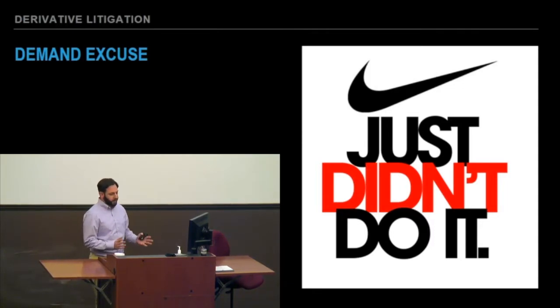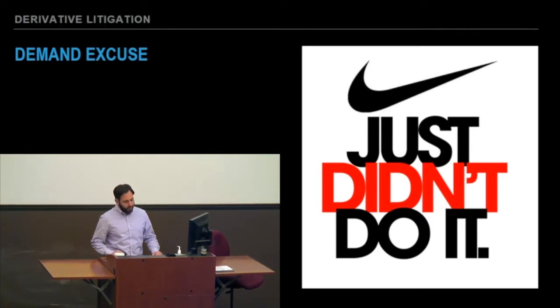In any event, the demand futility requirement is effectively showing that demand on the board of directors would have been futile. And the directors could not exercise their business judgment, and you have to plead this with particularity. And this could either be because the directors are self-interested, and we'll see that in the duty of loyalty concept.